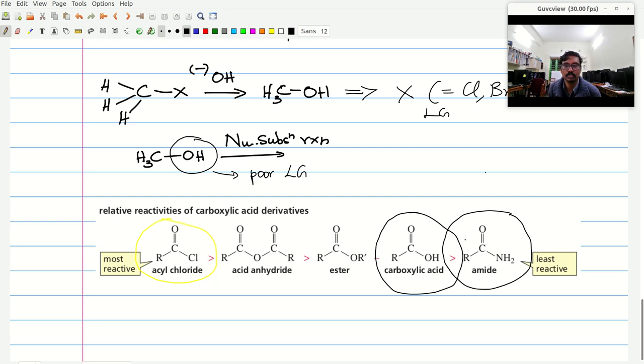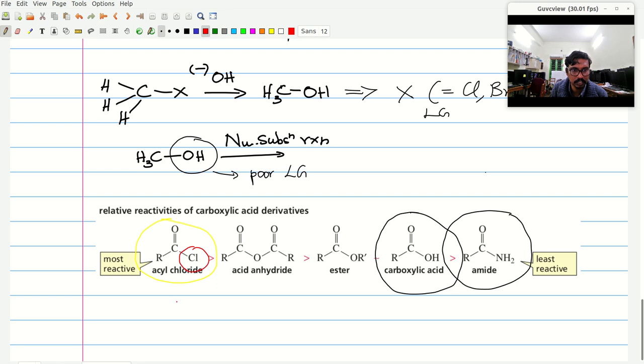Now let's write just below this what the leaving group is in each of these carboxylic acid derivatives when they undergo nucleophilic acyl substitution.